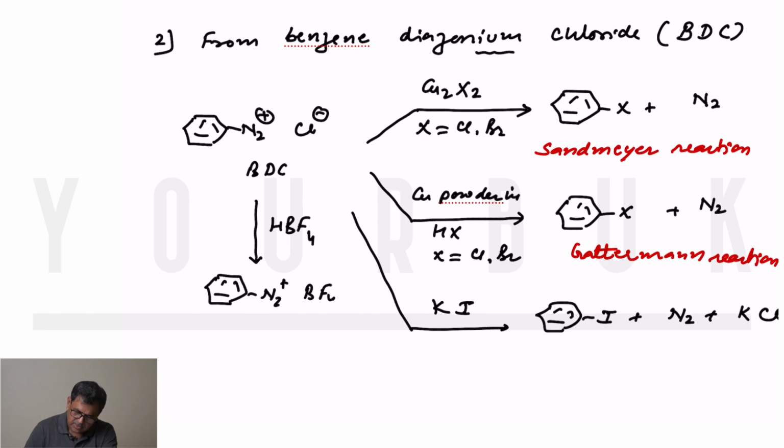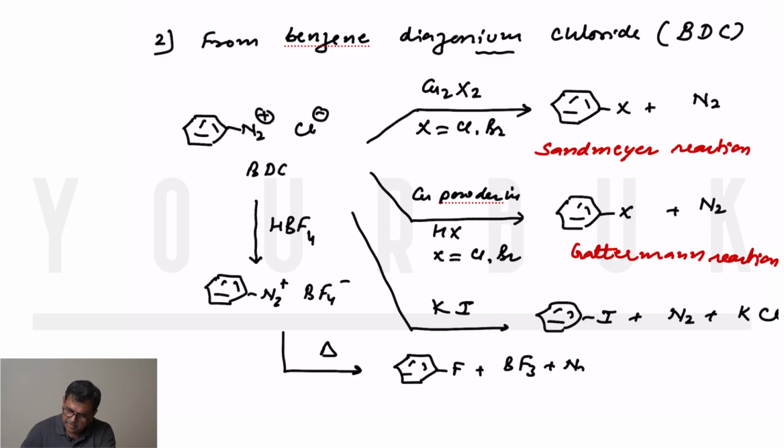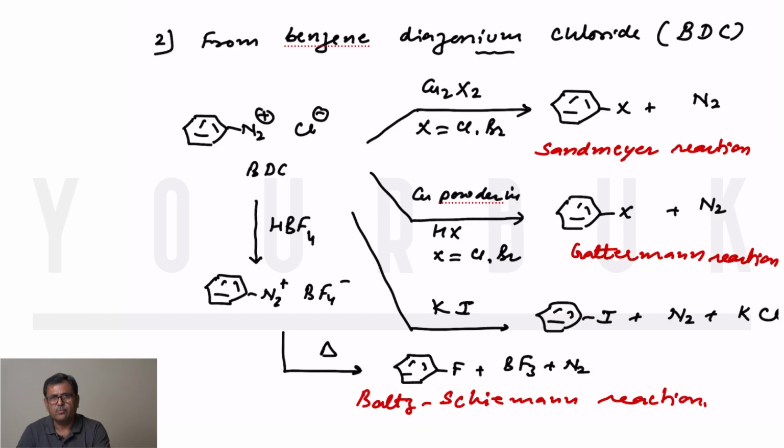Since this diazonium salt is bulkier and unstable, it decomposes on heating to give a fluorobenzene. And the side products are BF3 and the nitrogen gas. Now, this reaction is known as Balz-Schiemann reaction. In fact, this is the only method as far as your syllabus is concerned to prepare fluorobenzene or to add fluorine on the benzene ring.